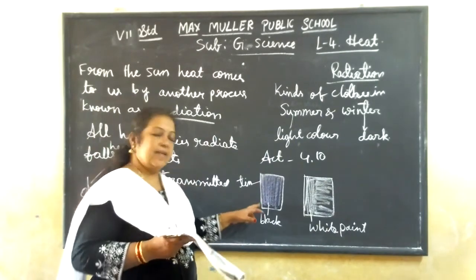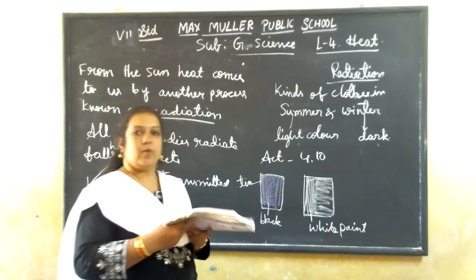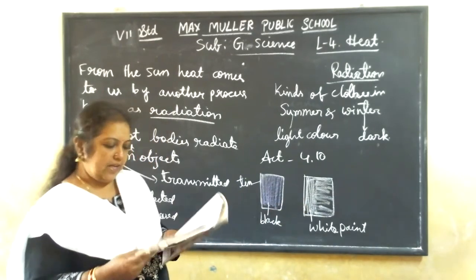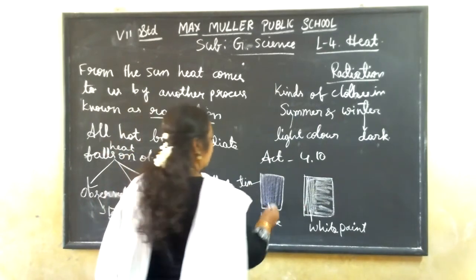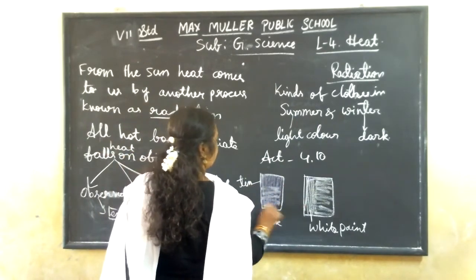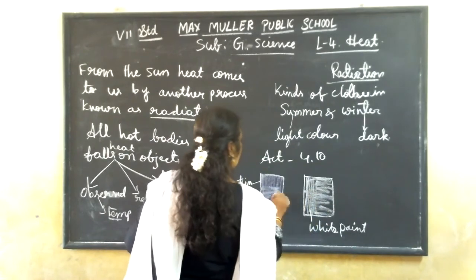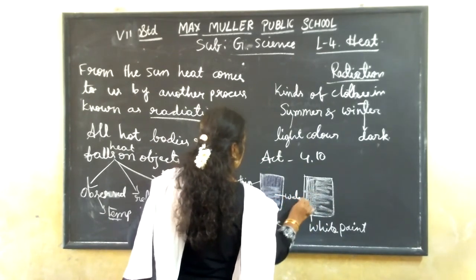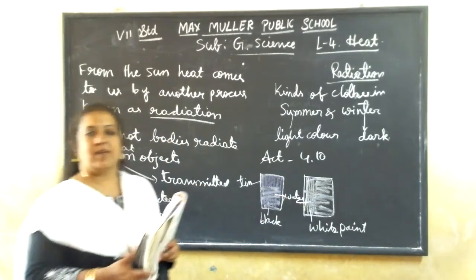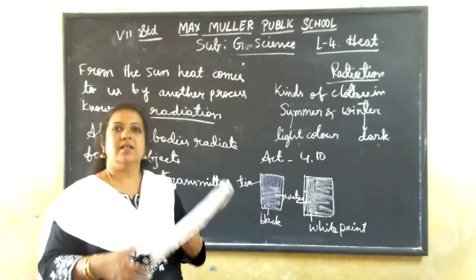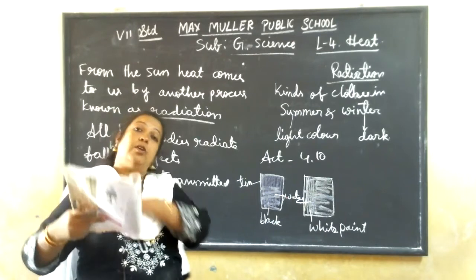One for black color I applied, another tin for white color I applied. Pour equal amount of water in each and leave them in the midday sun. So here full of water, same amount of water. Here also, same amount of water we have poured and kept in the sunlight for the midday.